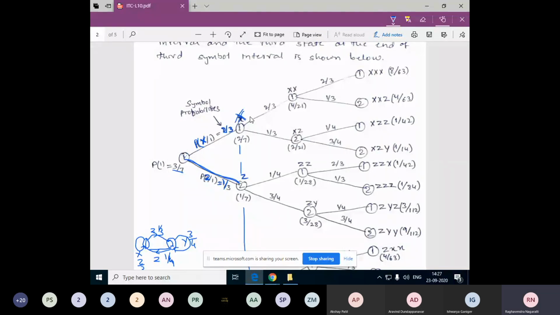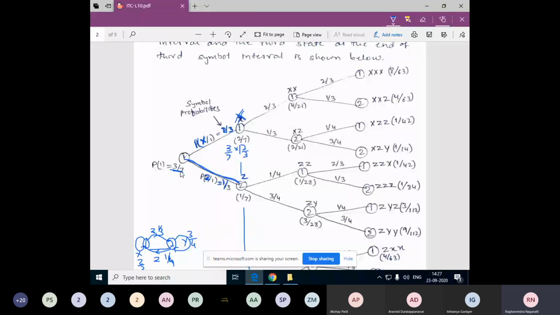What is the total probability? We have the initial state probability, 3 by 7, and the symbol emission probability, 2 by 3. What is the probability of this state, the X symbol emission? Multiply these two: 3 by 7 into 2 by 3.